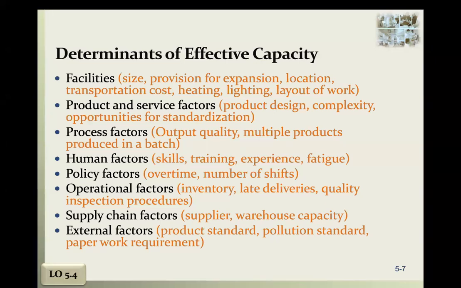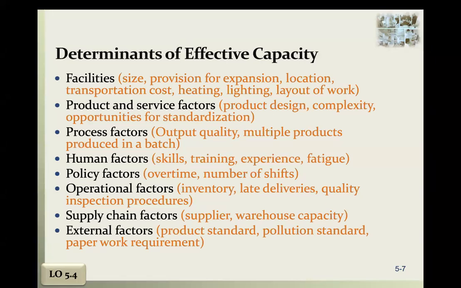There might be some hurricane that might affect logistics, and all these factors. So supply chain factors would affect capacity, and in general, they would reduce capacity if there are any problems in supply chains.